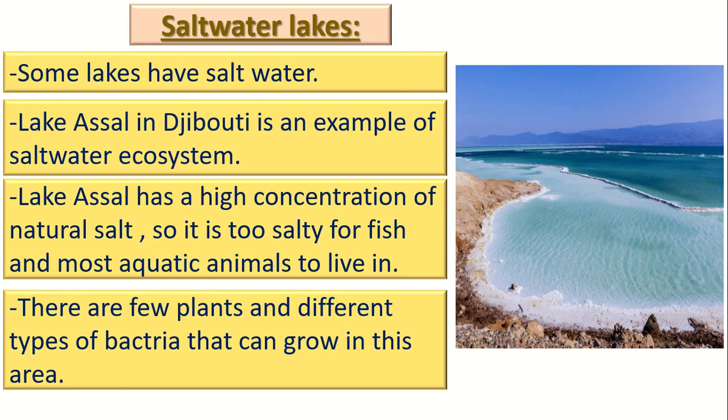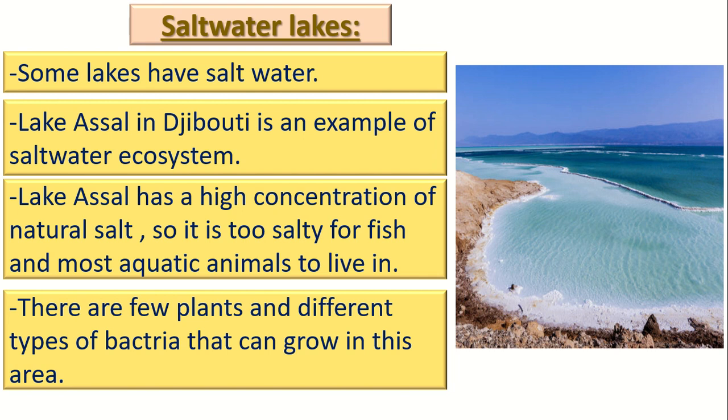Now let's talk about the saltwater lakes. We know that some lakes have salt water and most of them have fresh water. Let's talk about some of them which have salt water. Number one, we have Lake Assal in a country called Djibouti. It's a saltwater ecosystem with a very high concentration of salt.